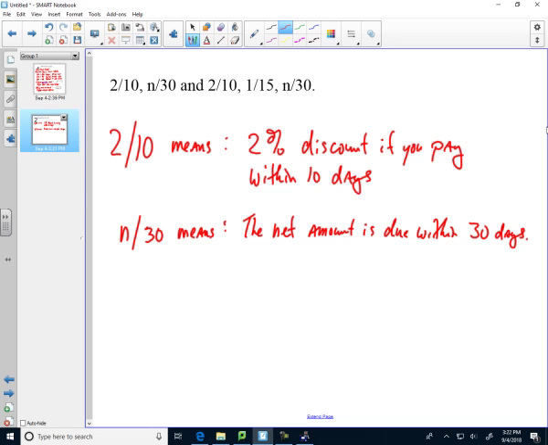So if you happen to pay within 10 days, the seller will let you knock off 2% because the seller's getting the money early and they appreciate that. So this is a cash discount.